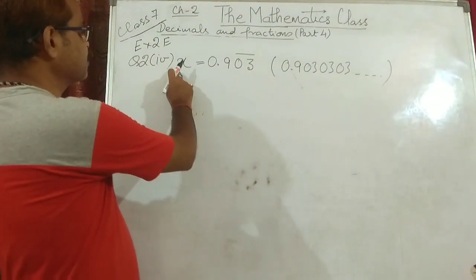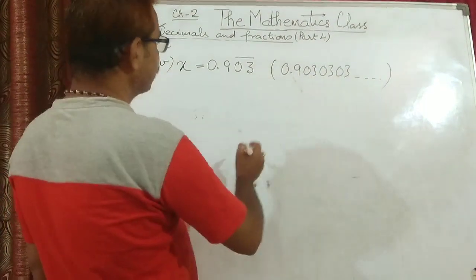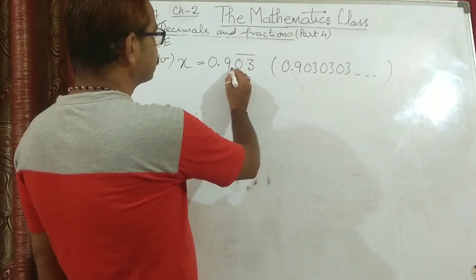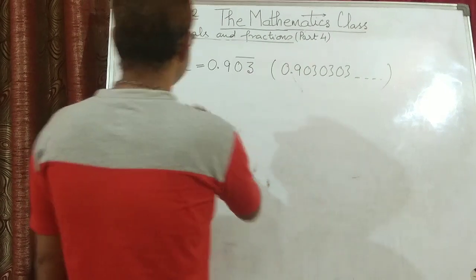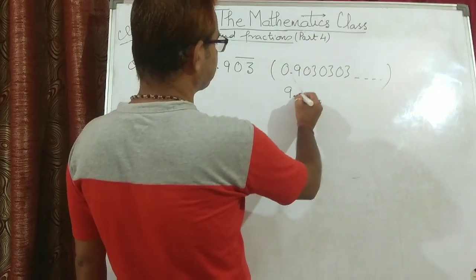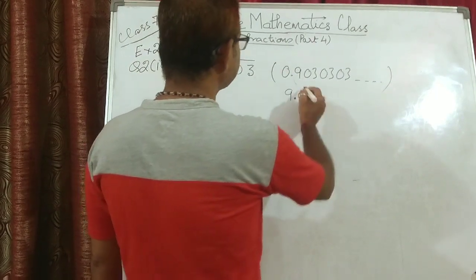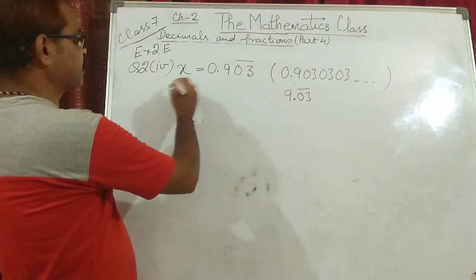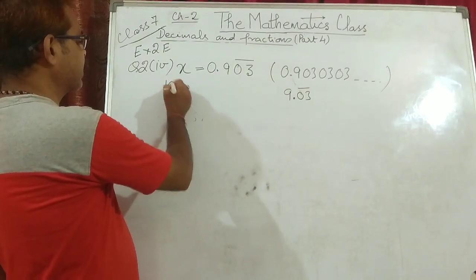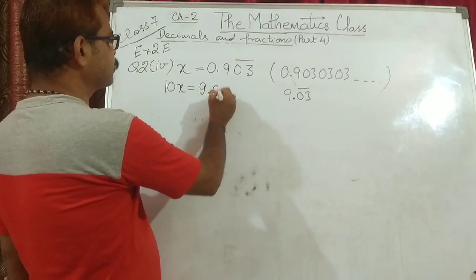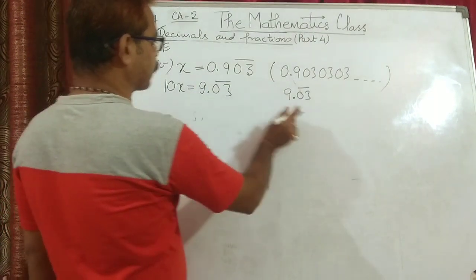So first of all, assume that x is equal to this. Now if I increase 1 zero, it will be 9.0303, so we are converting this number into 9.03 bar. We multiply both sides by 10, so 10x is equal to 9.03 bar.